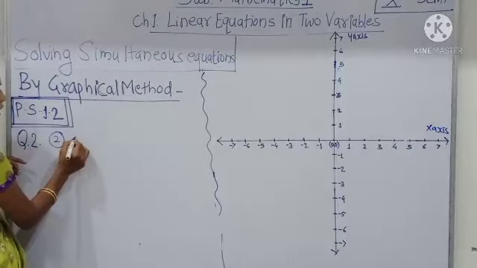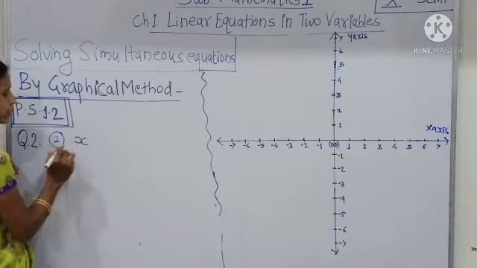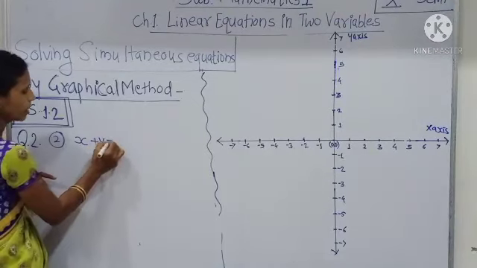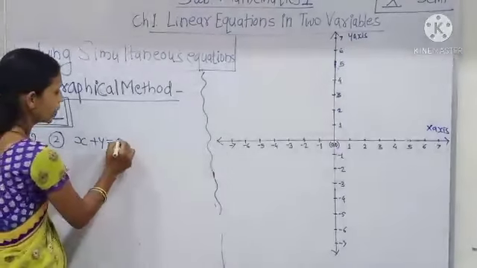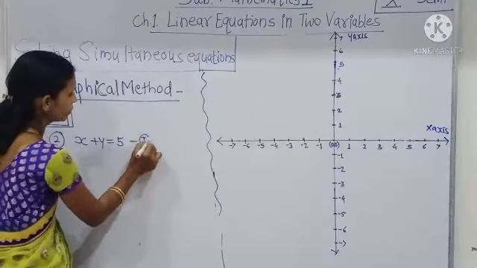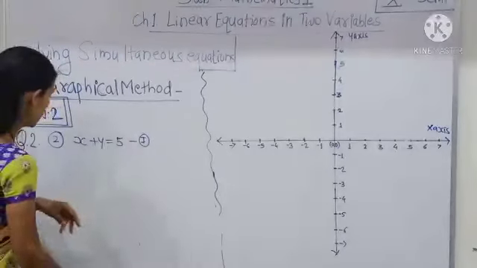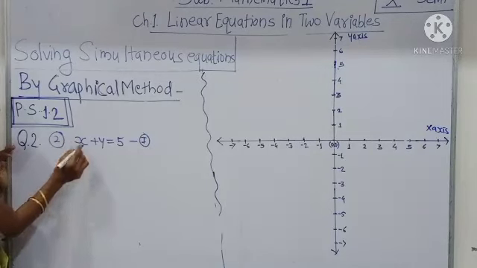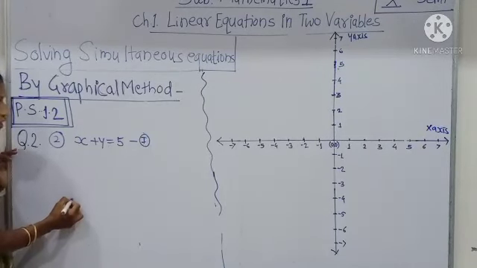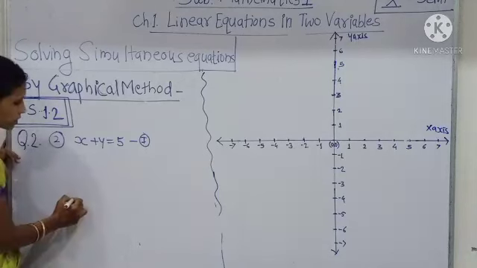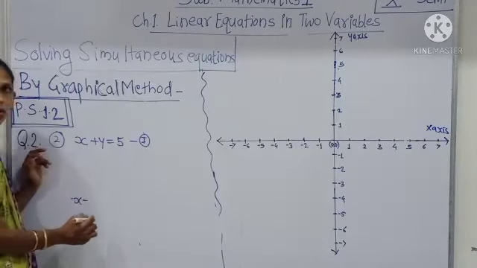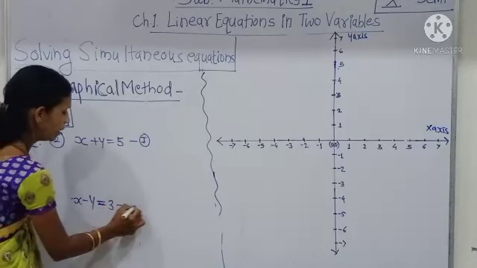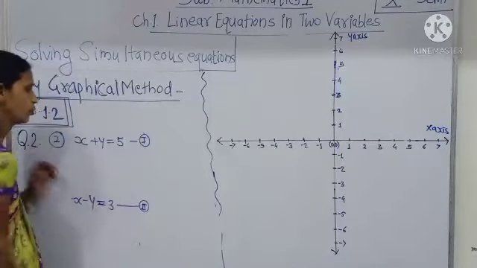See here, the simultaneous equations given are x plus y is equal to 5, let this be equation number 1. Then the second equation given is x minus y is equal to 3, let this be equation number 2.